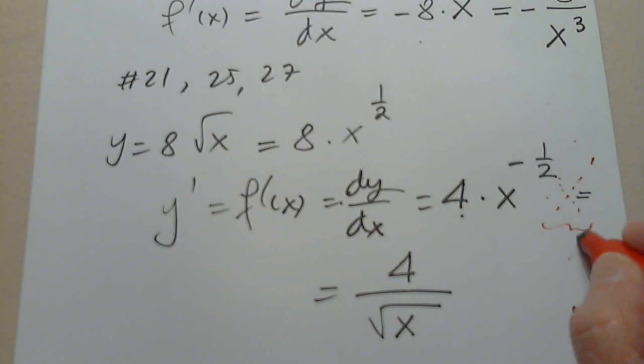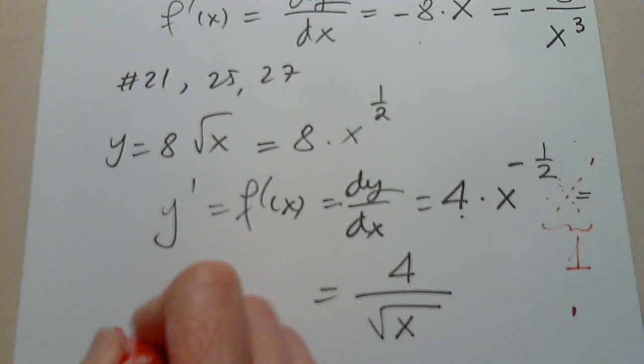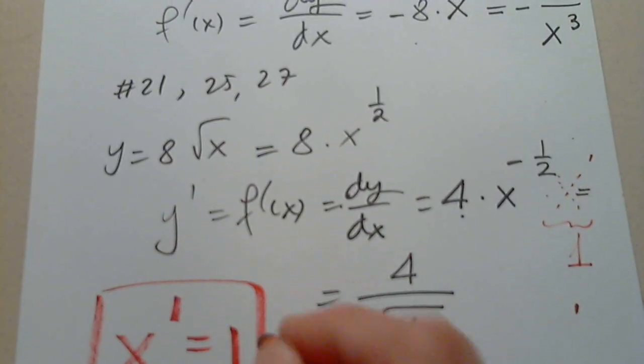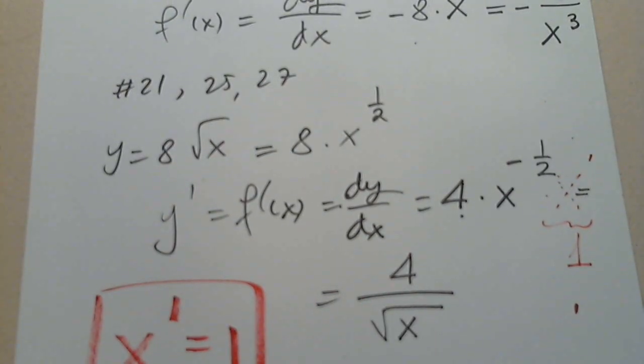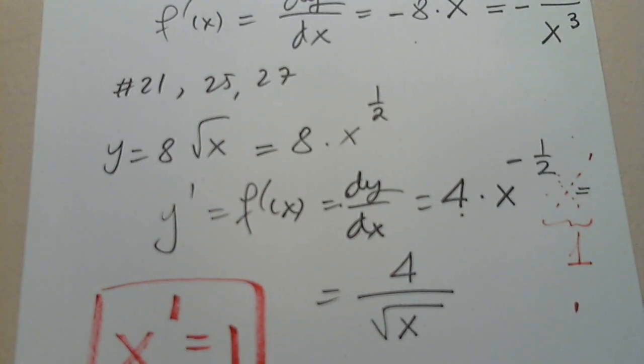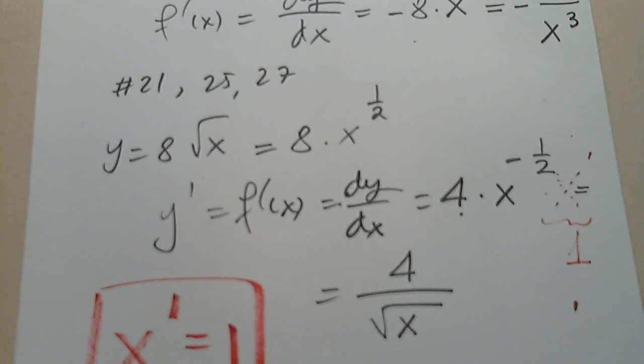One. Excellent. Please remember, x prime is 1. And you'll see why I'm emphasizing this now. Okay, I want to look at 25 and then 27. And then you choose if you want to, or we continue.